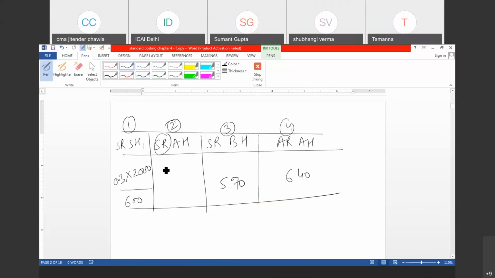Standard rate, it is 0.3 into actual hours.